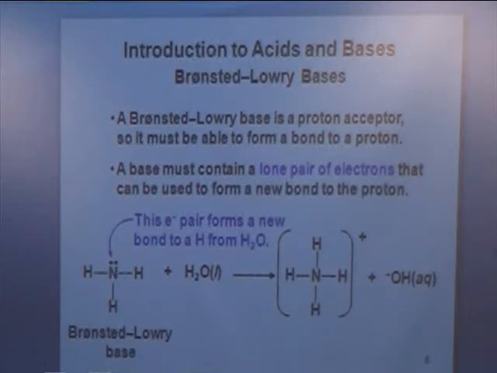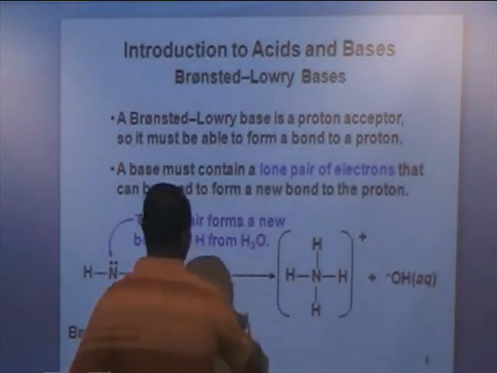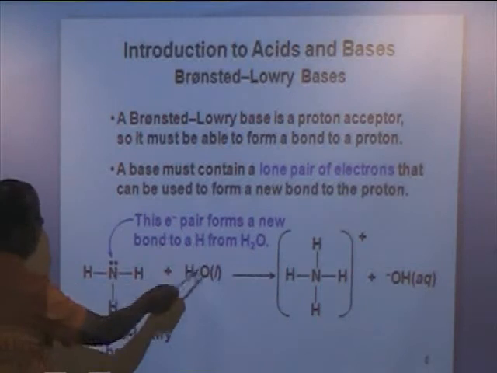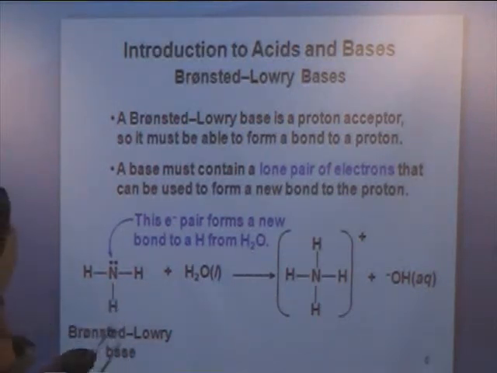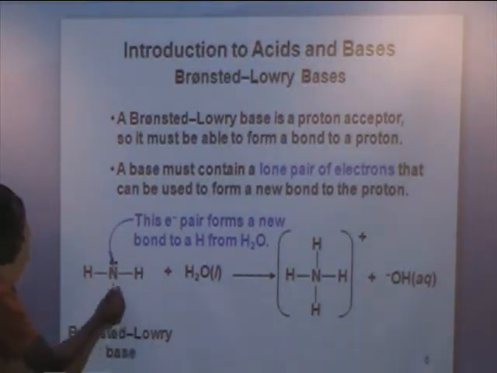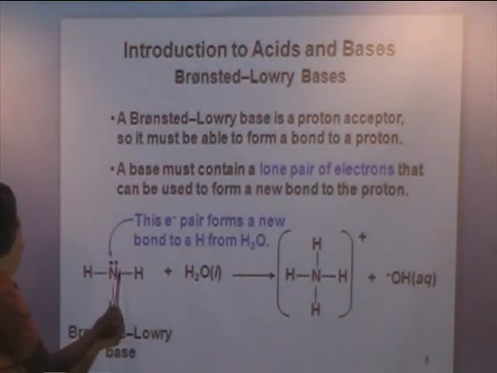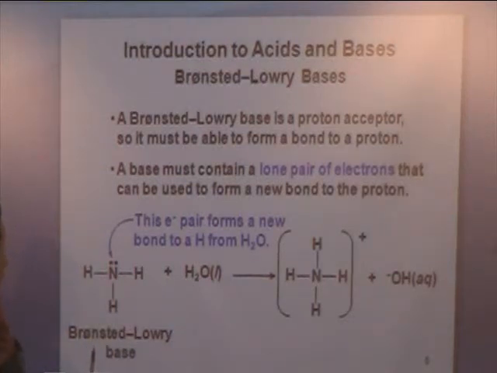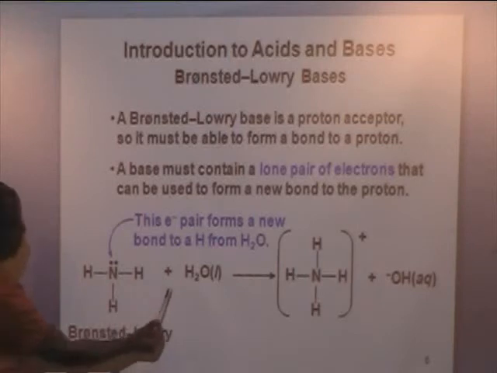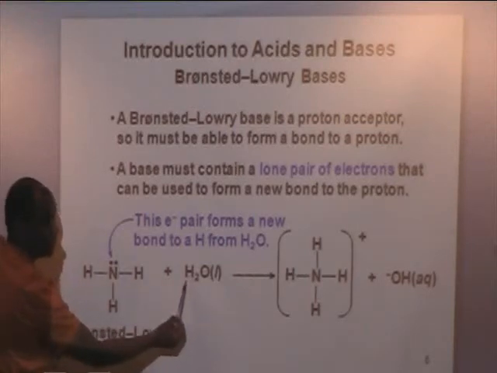Okay, here: a base must contain a lone pair of electrons that can be used to form a new bond to the proton. This is the same thing I explained. This is a base. A pair of electrons forms a new bond, right? This is a Bronsted-Lowry base. It accepts hydrogen ion, maybe from water here.